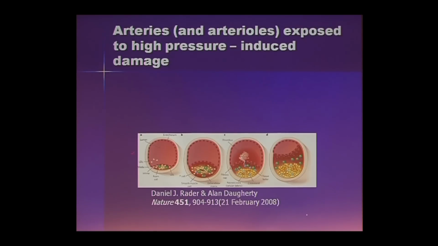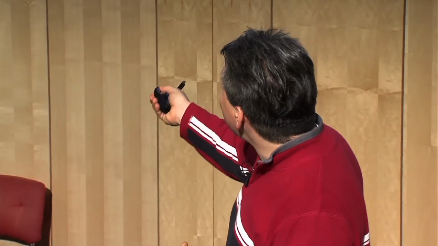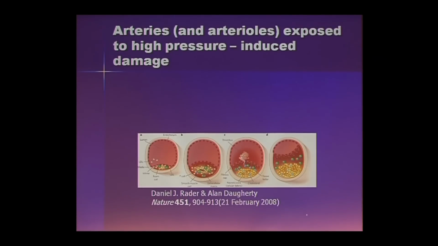You see these little LDL molecules? If you couple high blood pressure with a high cholesterol level, you have a perfect storm. Damage to endothelial cells opens up little holes in which LDL can go in underneath the endothelial cells, and we get something called a fatty streak. Then that LDL typically gets oxidized.